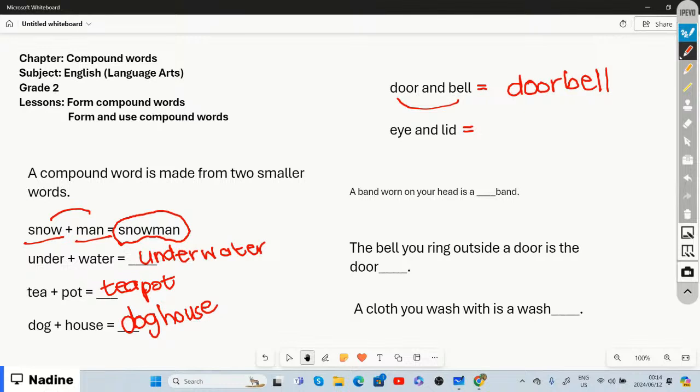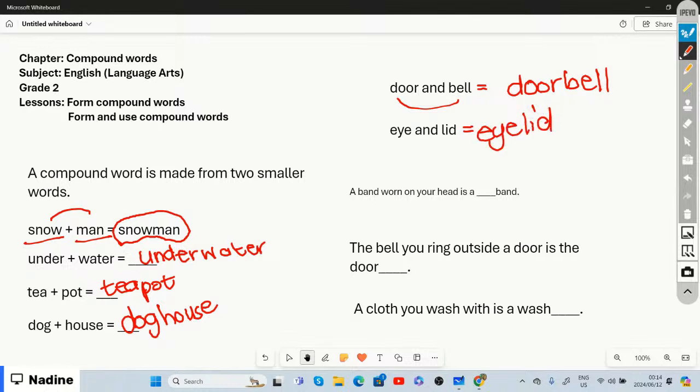And then we have eye and lid. So we say door plus bell is a doorbell, and eye and lid is eyelid.